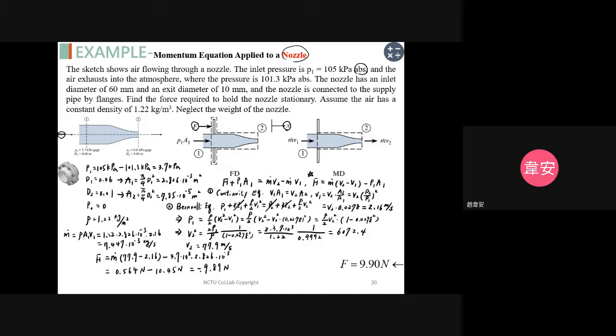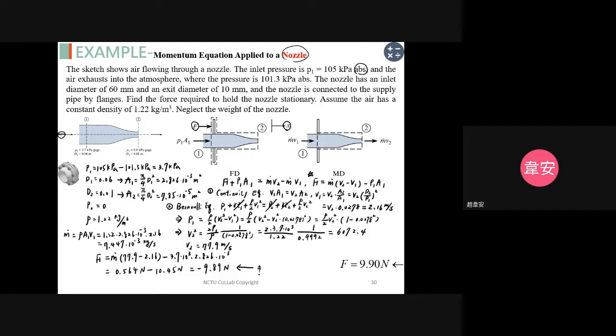That means there is a negative, so the force direction is on the left hand side. Okay, but you go back to see that initially we assume the force is positive on the right hand side. So no matter how you initially assume the force directions, if finally you compute the answer with a negative, that means the direction needs to be converted to the opposite direction.